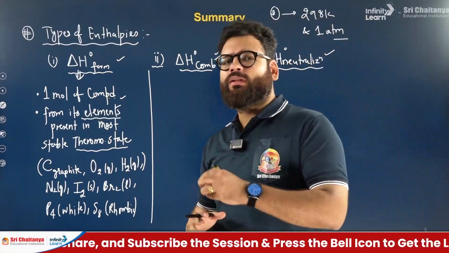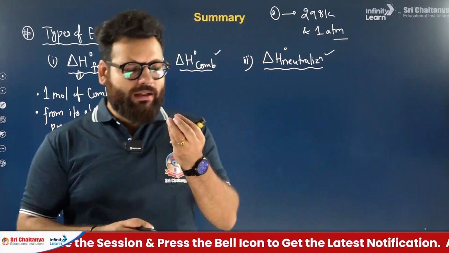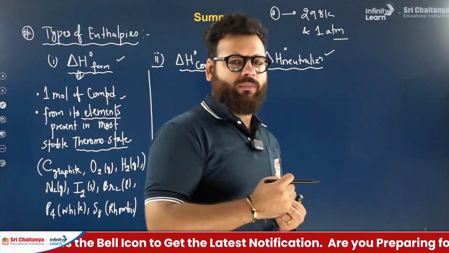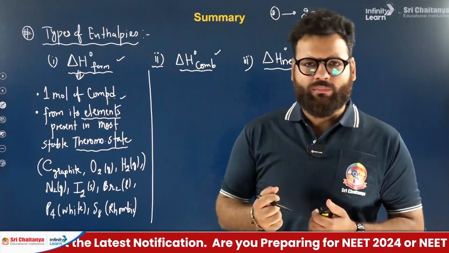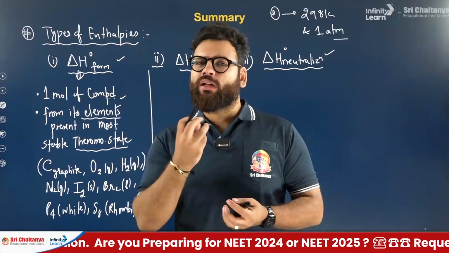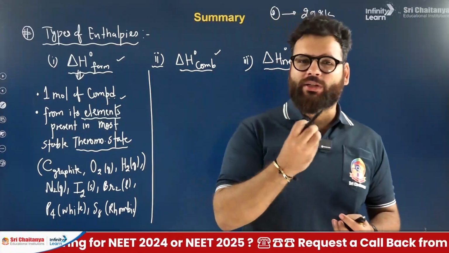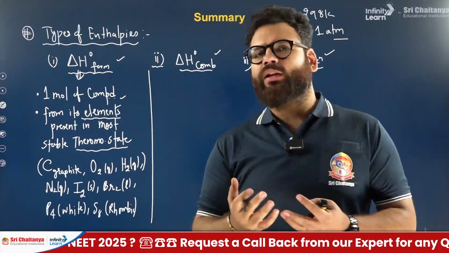Burning of fuel always gives you energy. You eat the food, food is a fuel for us. You eat the food, you are able to run. That means food gives you energy. Combustion of food is always going to be exothermic.